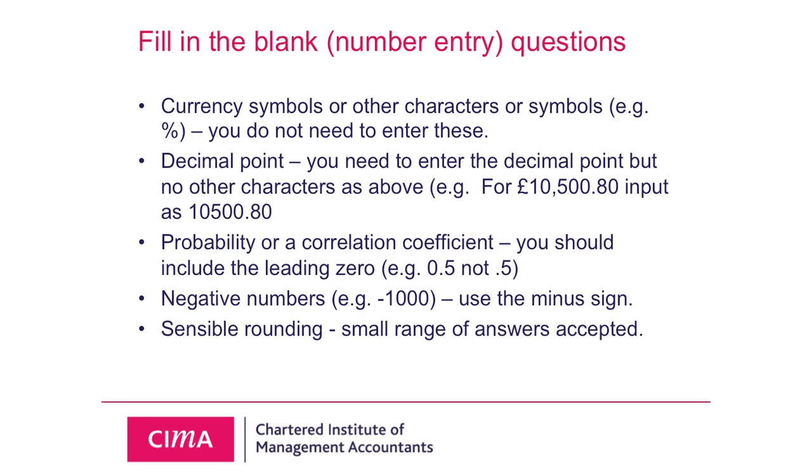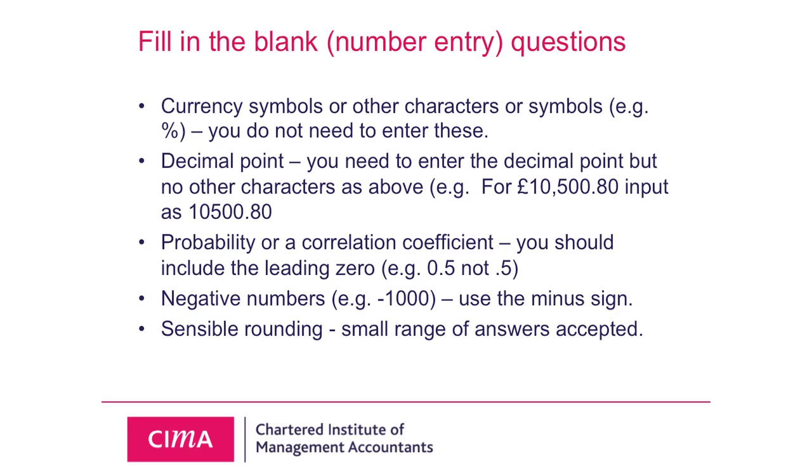You may use the decimal point, but as we saw above, you should not use any other characters when entering your answer. For instance, if you want to input pounds 10,500 and pence 80, you should input it as 10500 decimal point 80 as shown in the example.